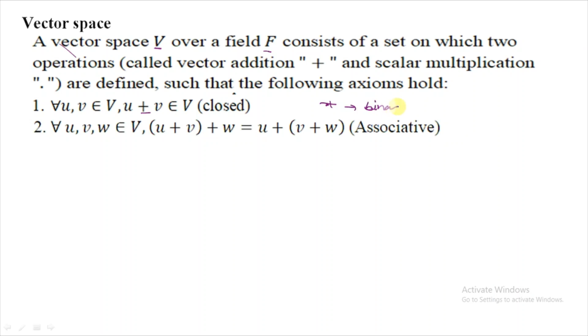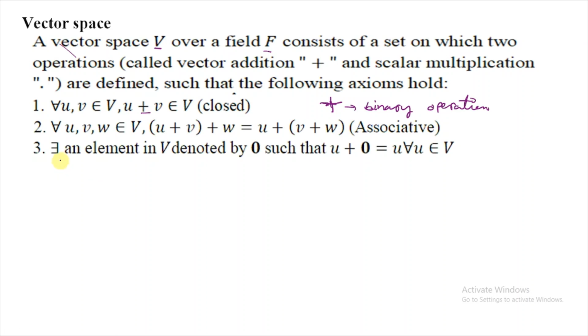Last class we discussed what a binary operation is. Second property, for all u, v, w belonging to V, three vectors, (u plus v) plus w equals u plus (v plus w). This is the associative property of vector addition.